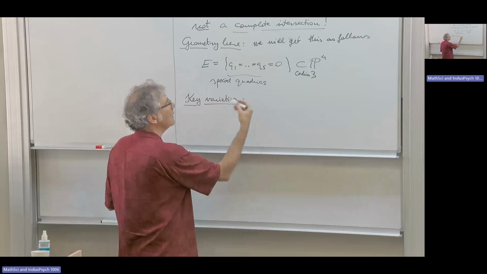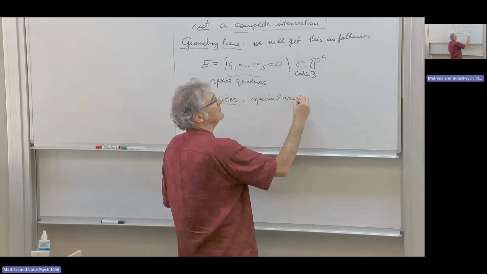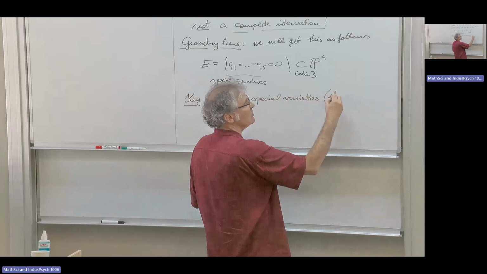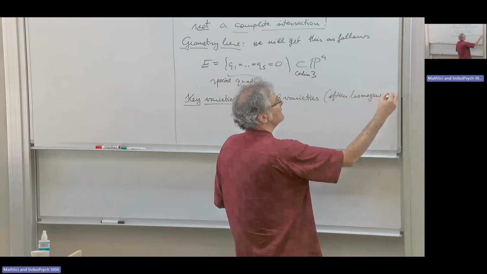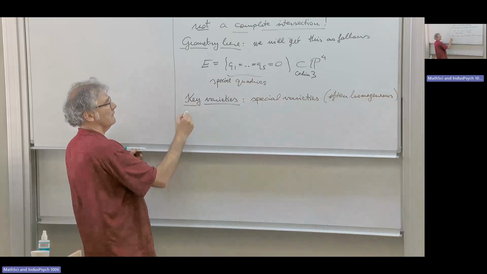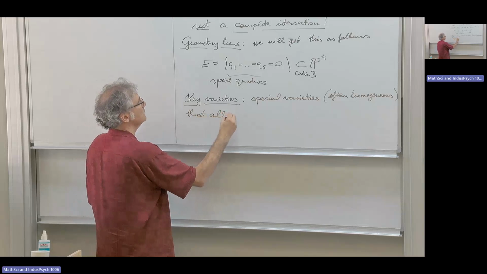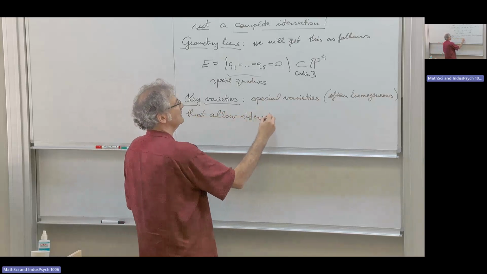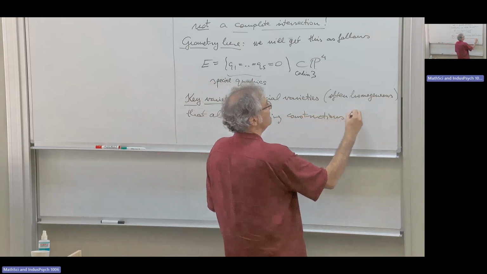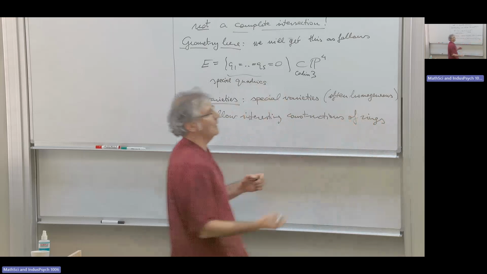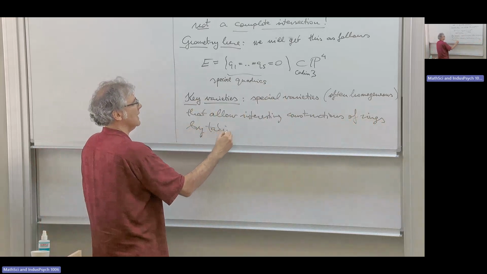Key varieties are special varieties, often homogeneous spaces, that allow interesting constructions of rings by taking hyperplane sections.